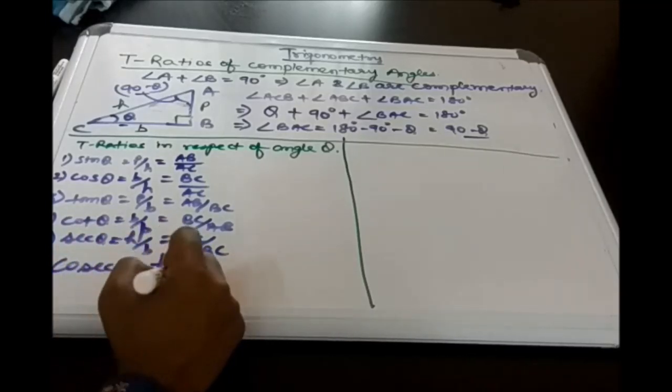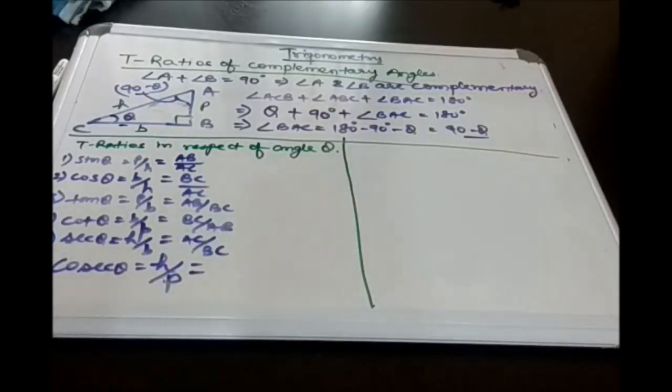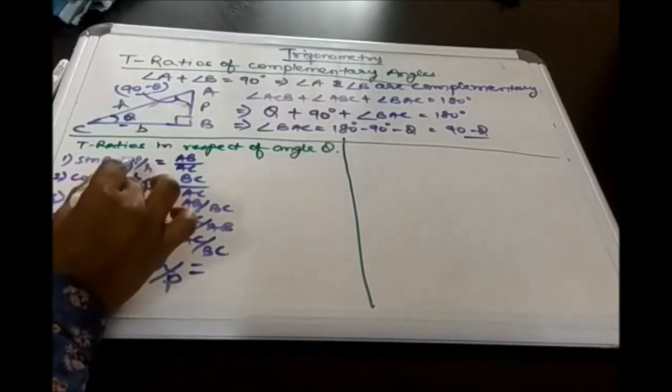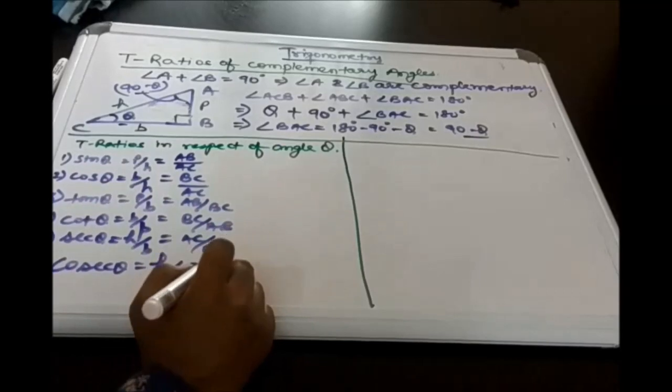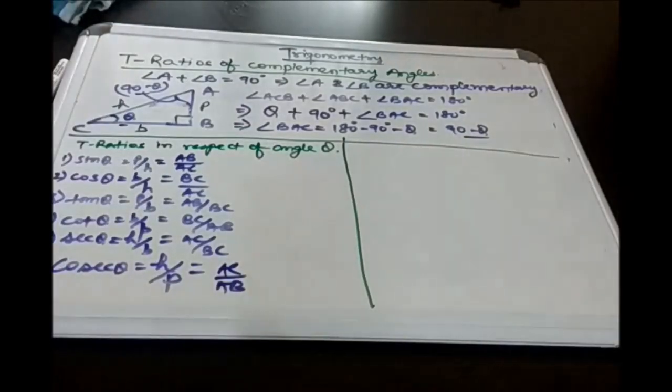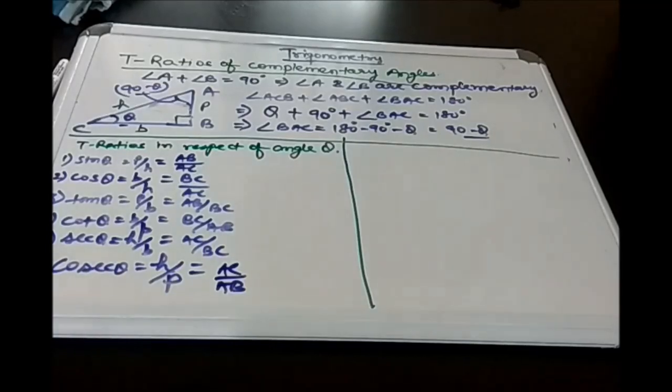This is hypotenuse by perpendicular. And cosec theta is also 1 by sine theta. So 1 by sine theta is h by p. H is AC, P is AB. So we have written all the 6 trigonometric ratios in respect of angle theta. Now what we will do, we will write all the 6 trigonometric ratios in respect of angle 90 minus theta.